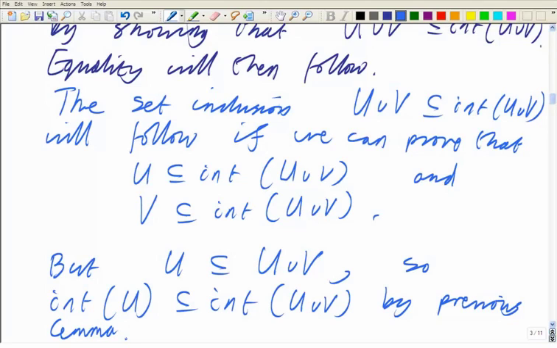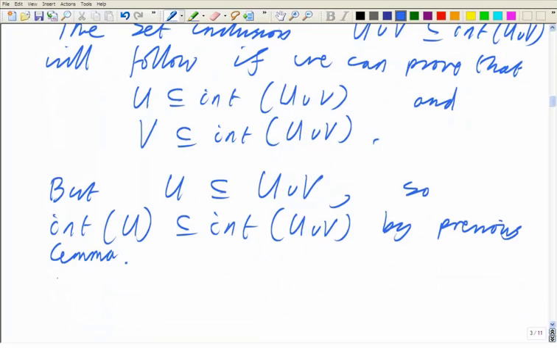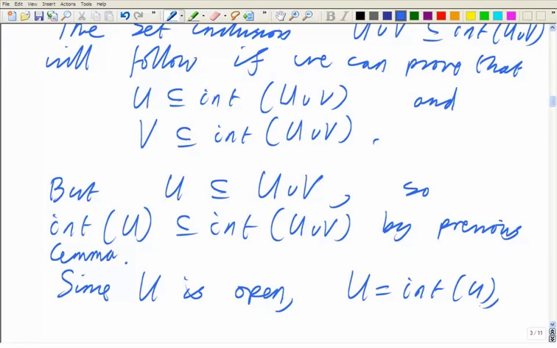If you make a set bigger, you can't make the interior smaller. But U is open, so U equals interior of U. Since U is open, U equals interior of U, and so U is contained in the interior of U union V.